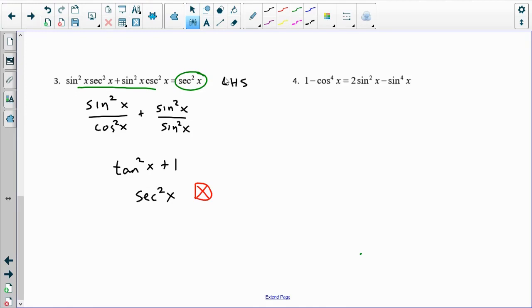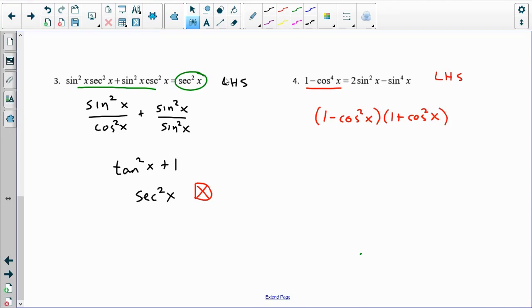Looking at number 4, I'll work with the left-hand side again. This is something where I'm really going to have to use my algebra. So 1 minus cosine to the 4th is the same thing as 1 minus cosine squared times 1 plus cosine squared. And the reason that that is true is because it's the difference of two perfect squares.